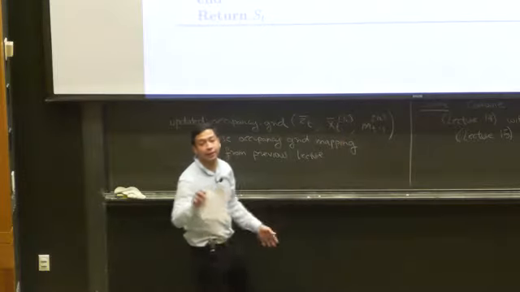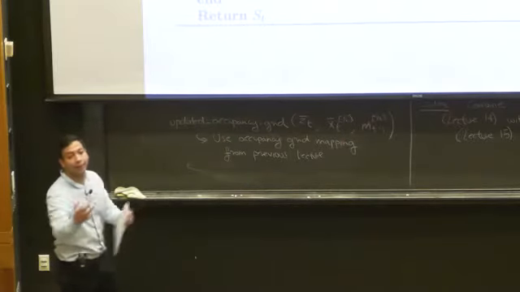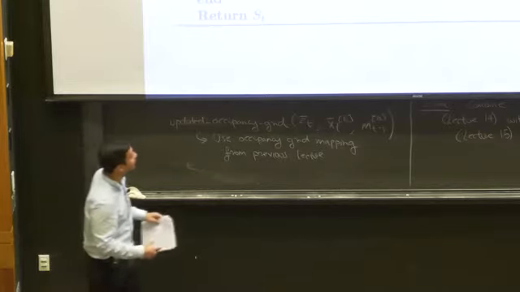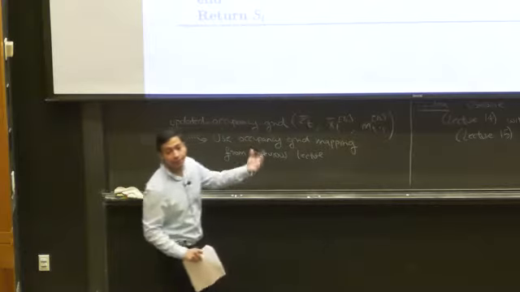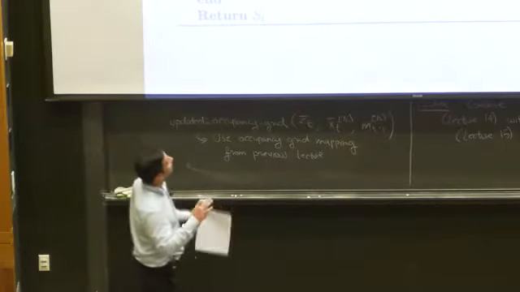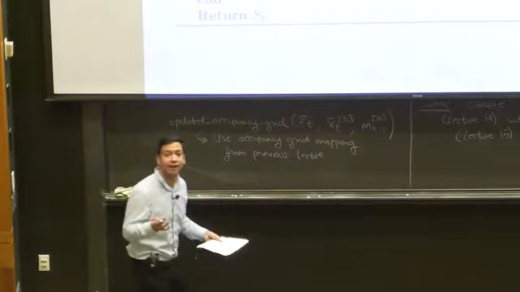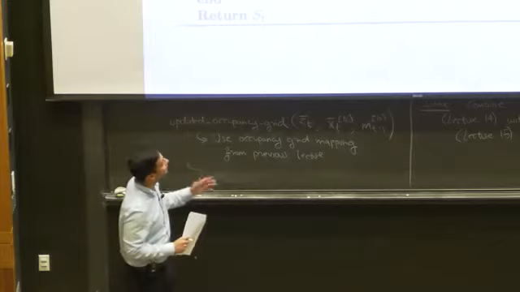So we're alternating. We first assume that the map is correct and update the location, then we assume that the location is correct and update the map, or a belief on the map. This is a general strategy that shows up not just in SLAM but in many other areas as well.